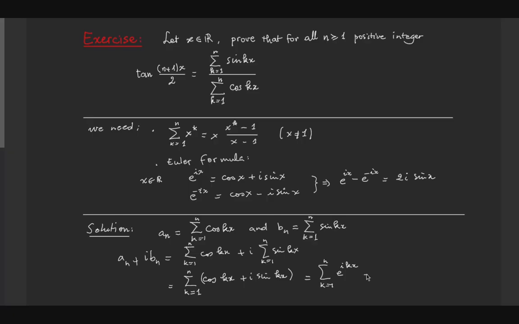But e to the ikx is equal to e to the ix all to the k, so we have the sum from k equals 1 to n of (e to the ix) to the k.